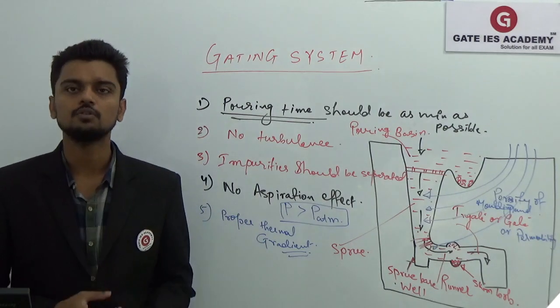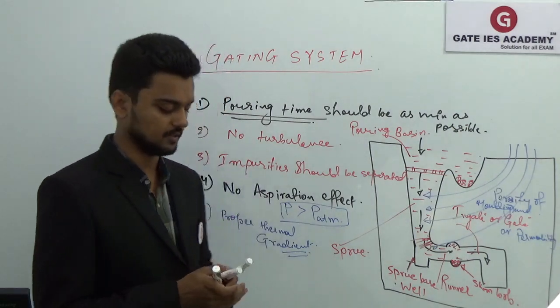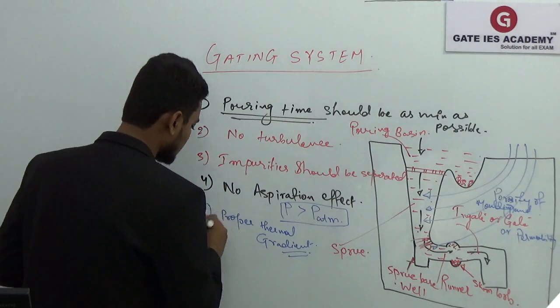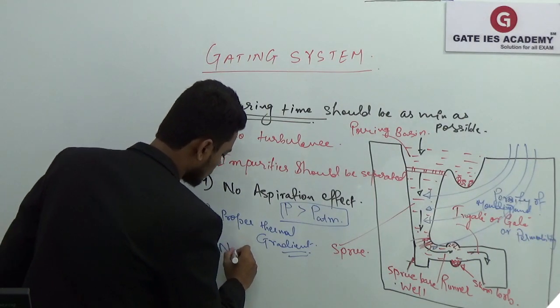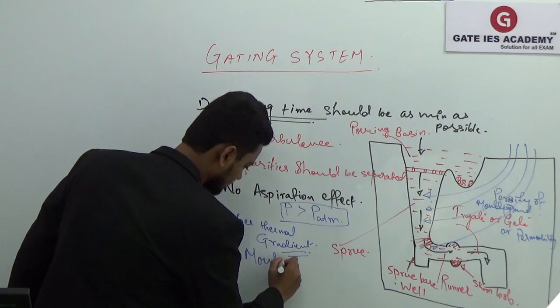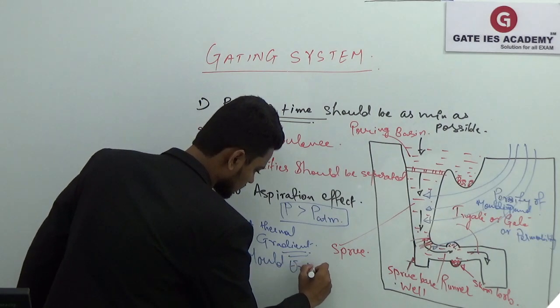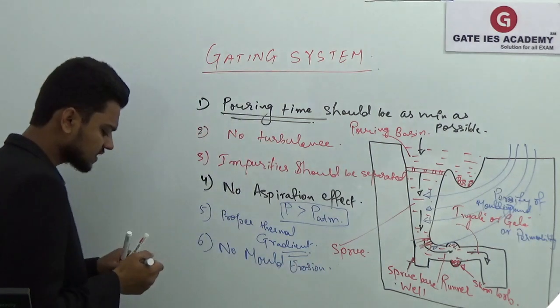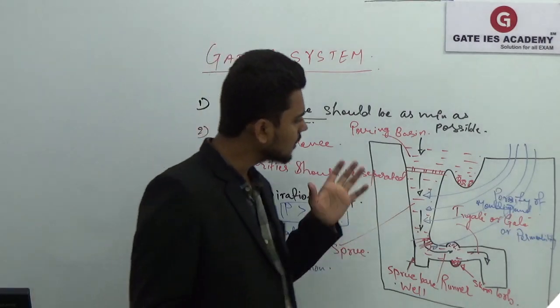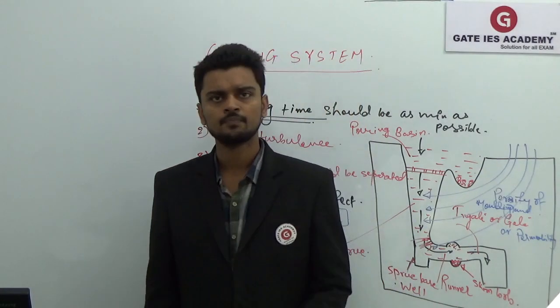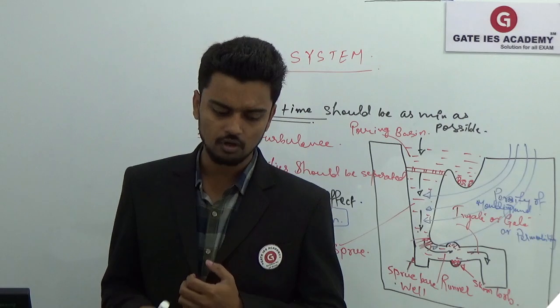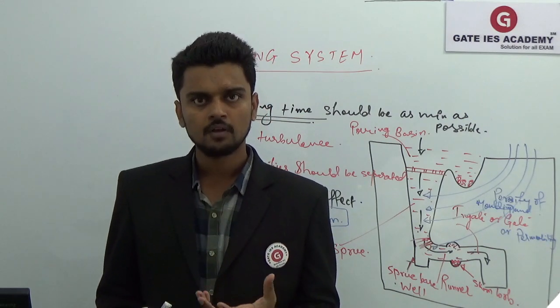Then the sixth requirement is no mold erosion. The velocity of the molten metal inside the gating system should not be very high. Why?